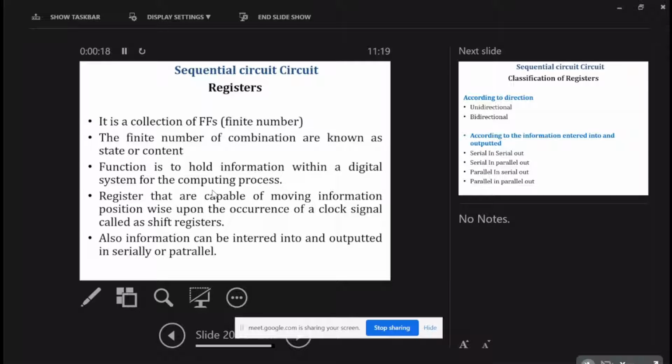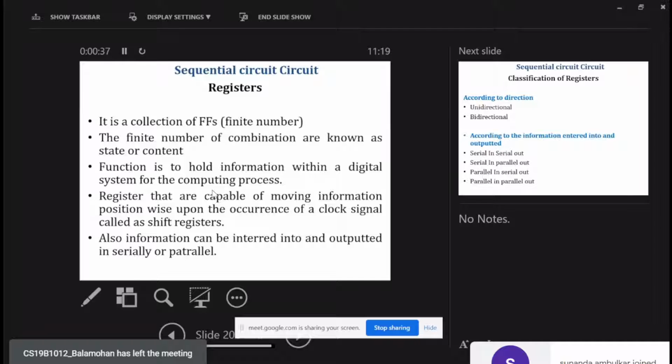The collection of n flip-flops will generate certain patterns according to the number of bits. Those different patterns are called the states of the register. So how many patterns can n flip-flops hold?